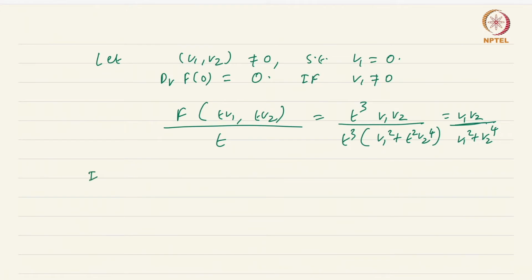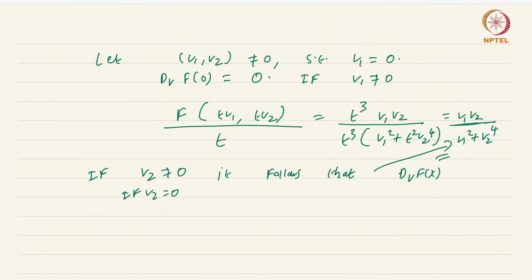If v2 is not equal to 0, it follows that the expression above gives you D_v f at 0. And of course, if v2 is 0, just like the case before, D_v f at 0 is just 0.